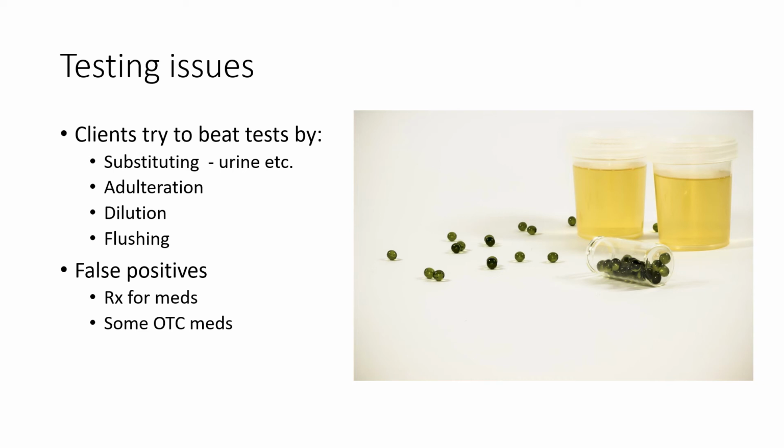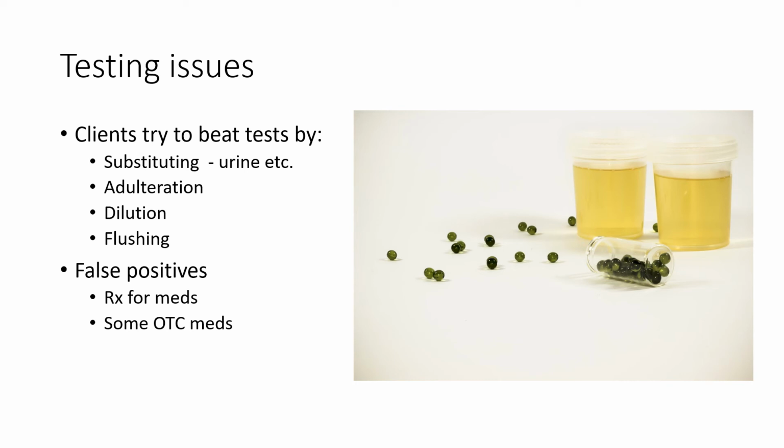Also, we need to talk about the subject of false positives. One of those can happen when they have a prescription for medication. Anytime a client is taking prescribed medication, the counselor should see the prescriptions, have copies of the labels, or record what exactly the client has prescriptions for. And that will allow you to tell whether the positive is the result of a prescribed med.